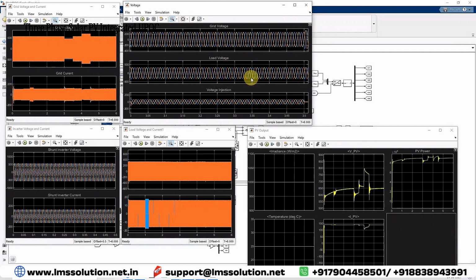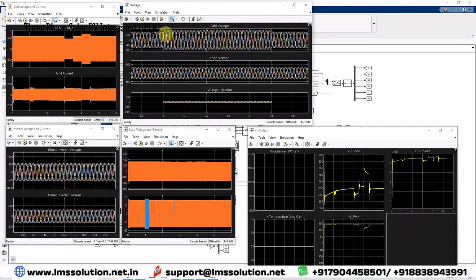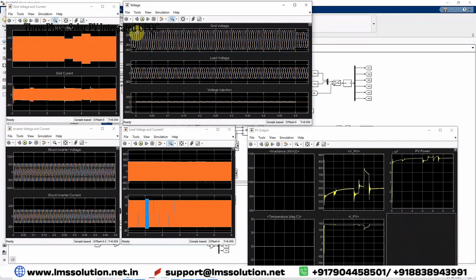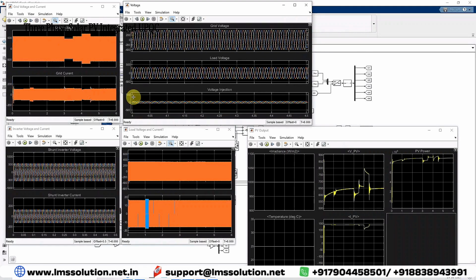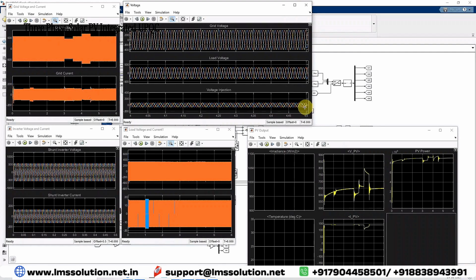In the same way, from 4 to 4.5, the voltage swell is created here. The voltage increases to 1.2 per unit. During that time also, the series voltage source converter injects some voltage in order to maintain 1 per unit voltage at the load.